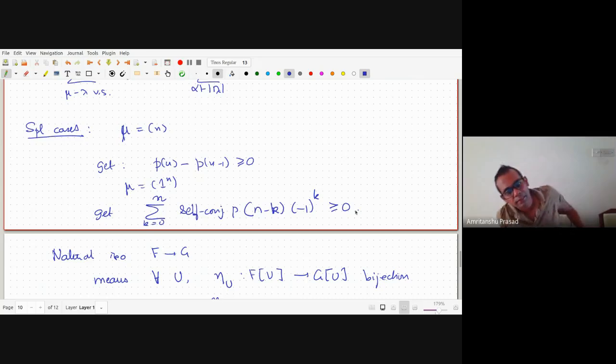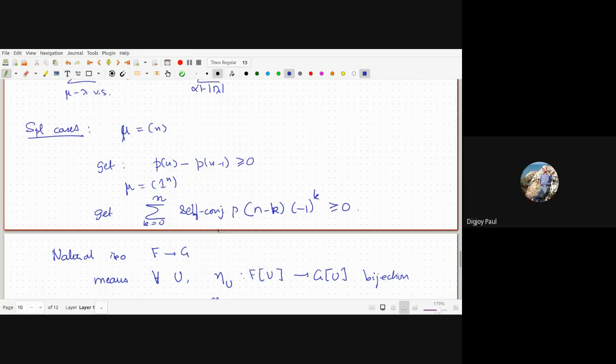This is saying that the alternating sum of self-conjugate partitions is non-negative. You can try to give a combinatorial proof of this. So self-conjugate partitions of n, minus self-conjugate partitions of n minus 1, plus self-conjugate partitions of n minus 2, and so on.